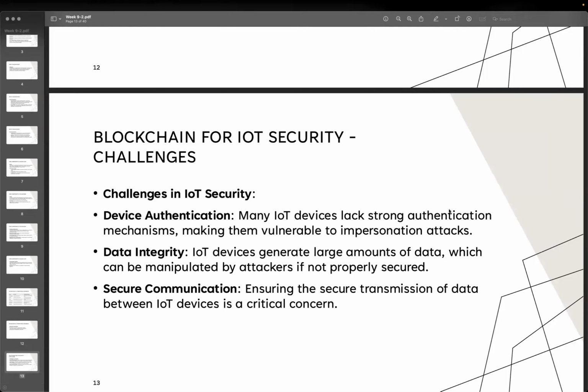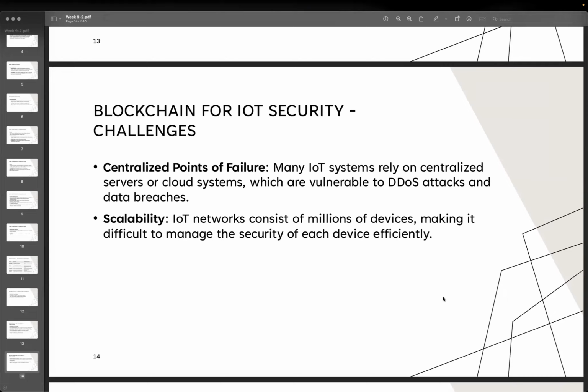If you remember, we say in transit and at rest, so there are two parts we need to solve to increase security. Another part is the centralized point of failure. A lot of IoT systems rely on a centralized server or post to a cloud system.